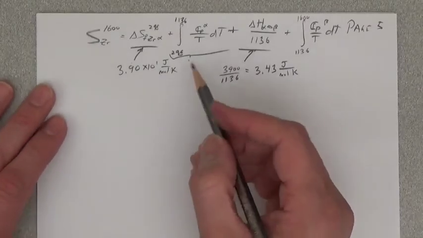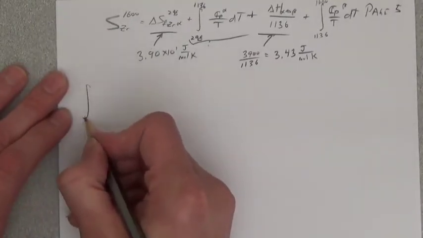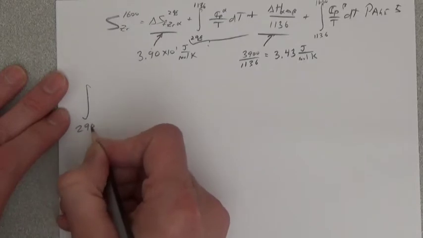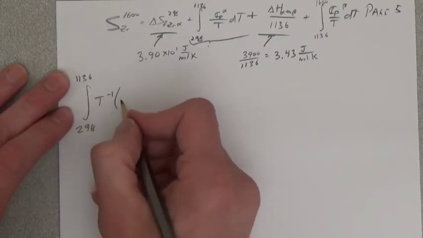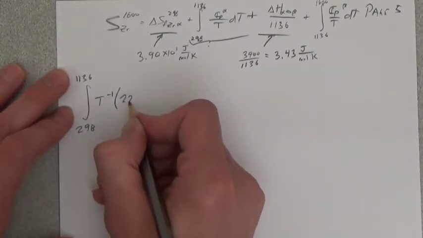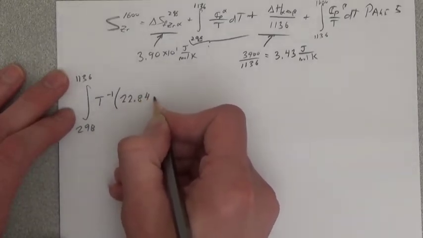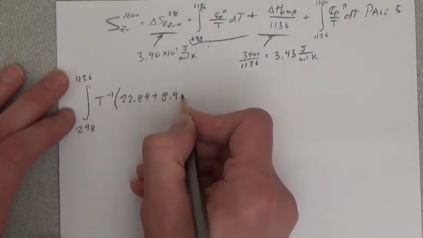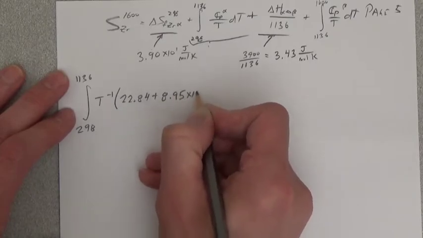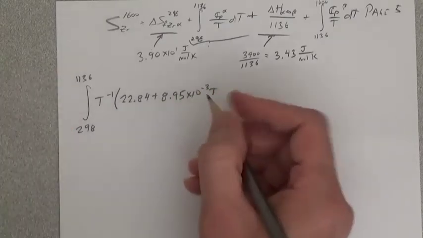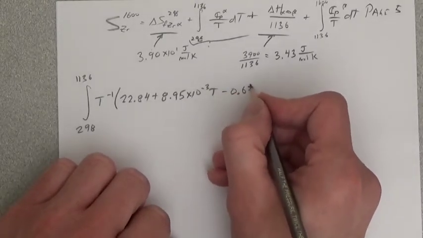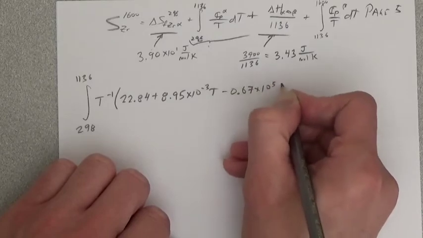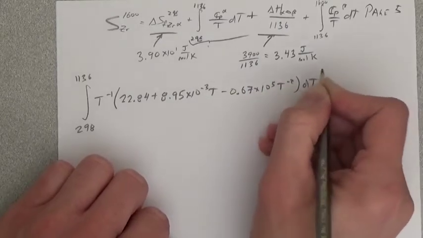The first integral is the integral from 298 to 1136 of T to the minus 1 times 22.84 plus 8.95 times 10 to the minus 3 T minus 0.67 times 10 to the 5 T to the minus 2 dT.